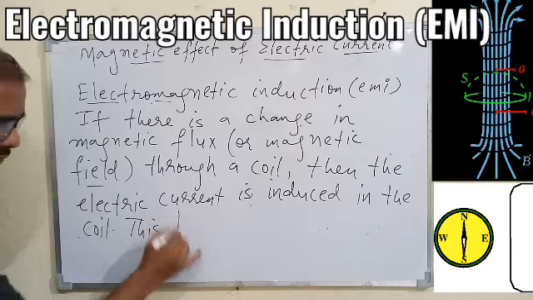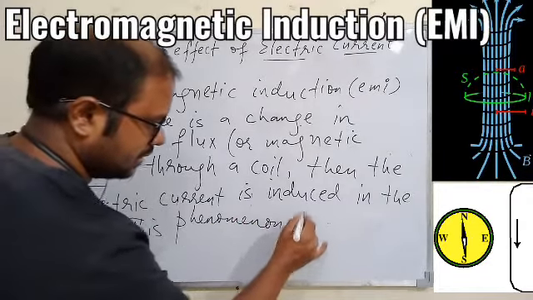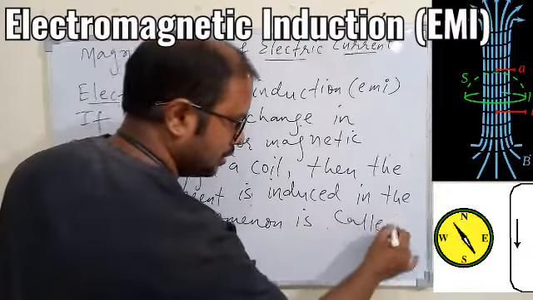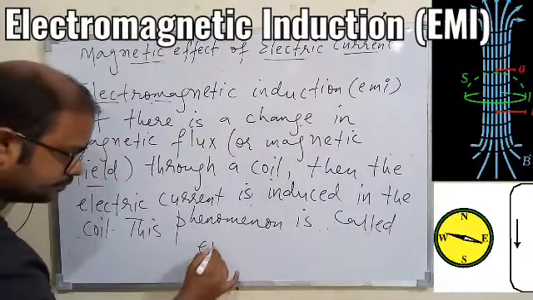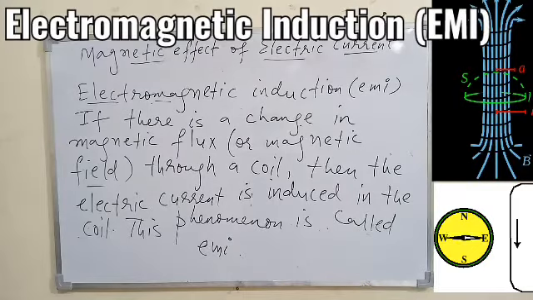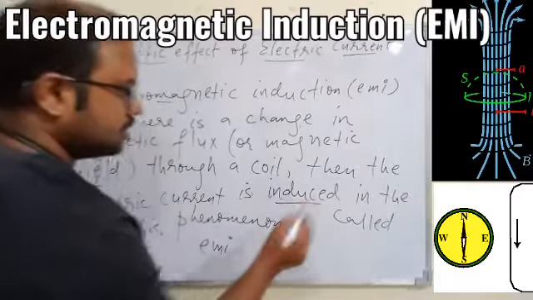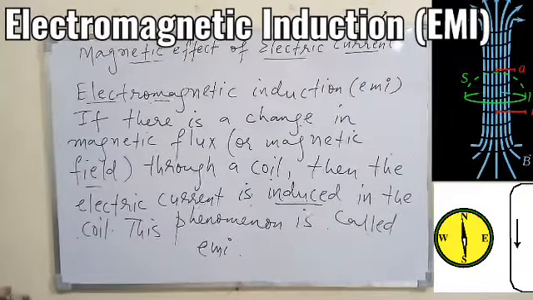This phenomenon is called EMI, that is electromagnetic induction. The meaning of induced is that current will be produced, we can say.